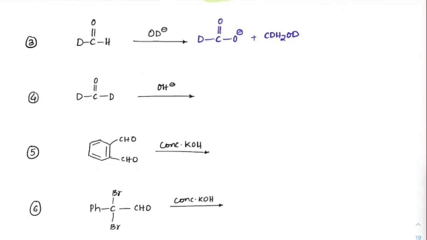Keep trying the next one. This time there is no other alternative but to make sure that only deuterium shifts here. So we will have DC double bond O, O minus, plus CD3OH.